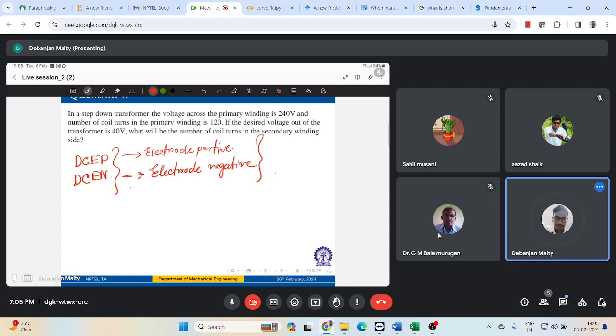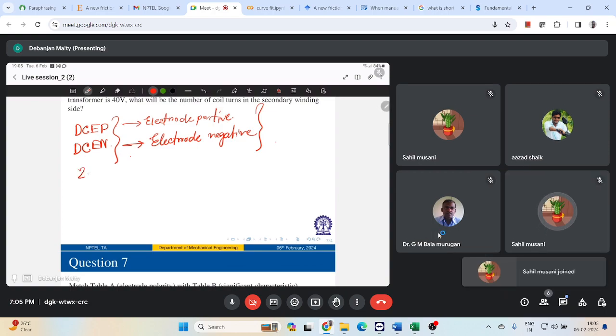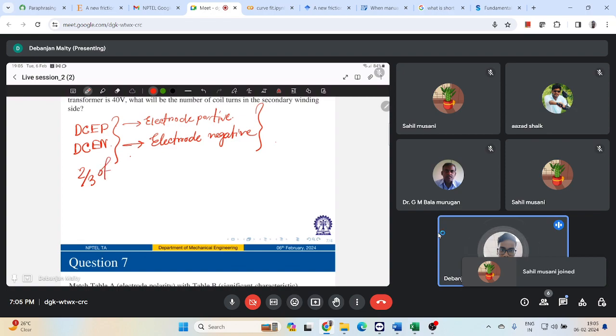Now, over here we perform our welding operation in DC mode, of course. What happens is that always two-third of the heat, these are some thumb rules, right? These are some thumb rules.